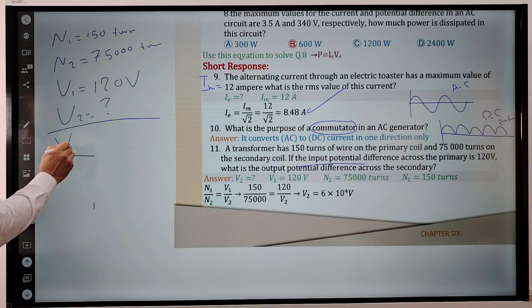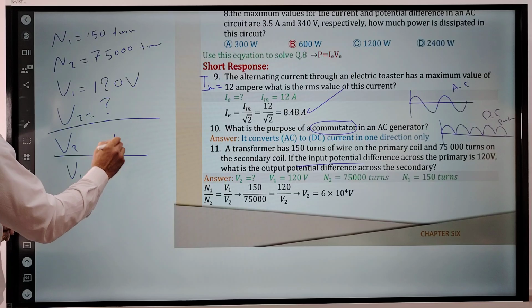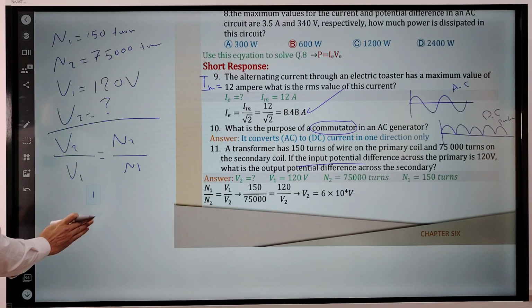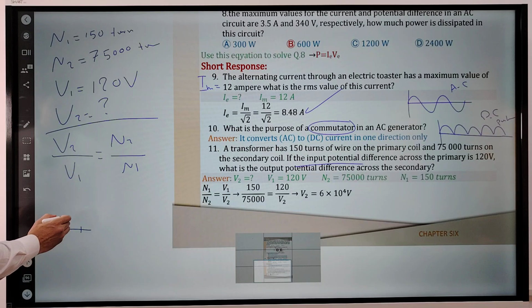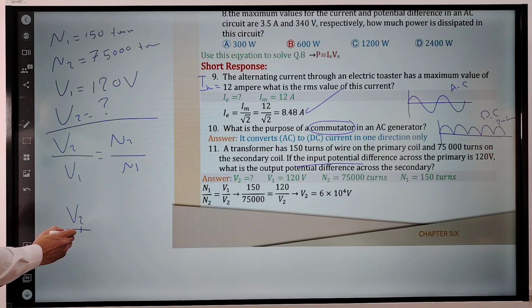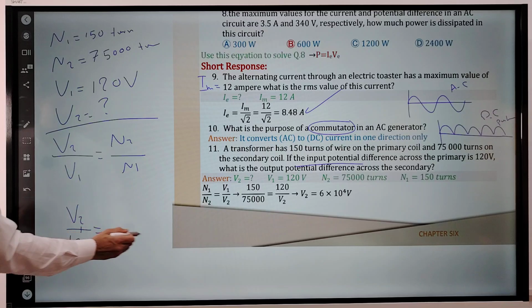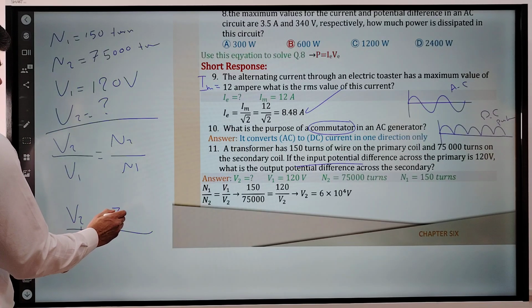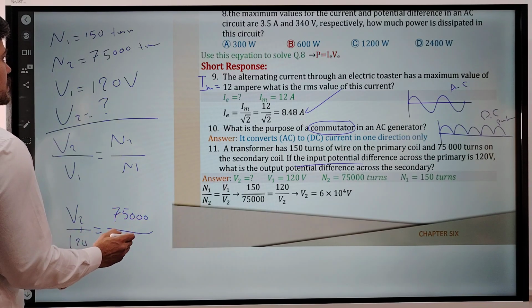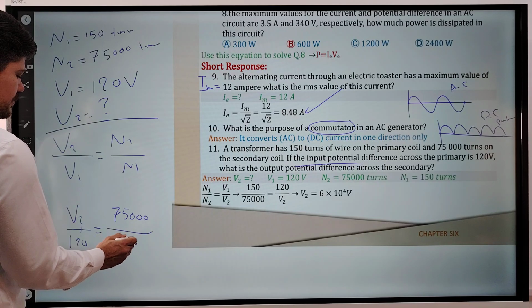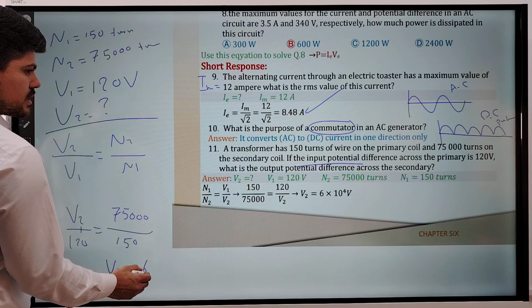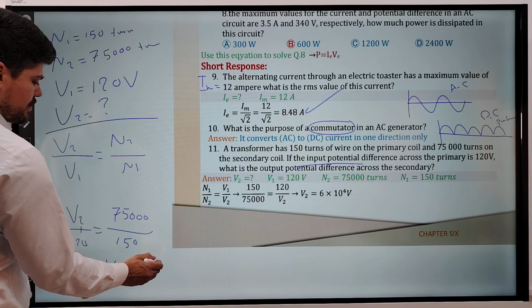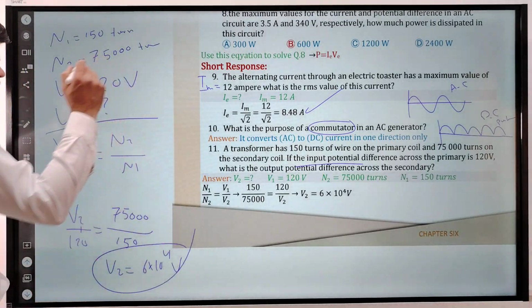By using this equation, V2 over V1 equals N2 over N1, and V2 is unknown, V1 was given, N2 is 75,000 divided by 150, so V2 is equal to 6 times 10 power 4 volt.